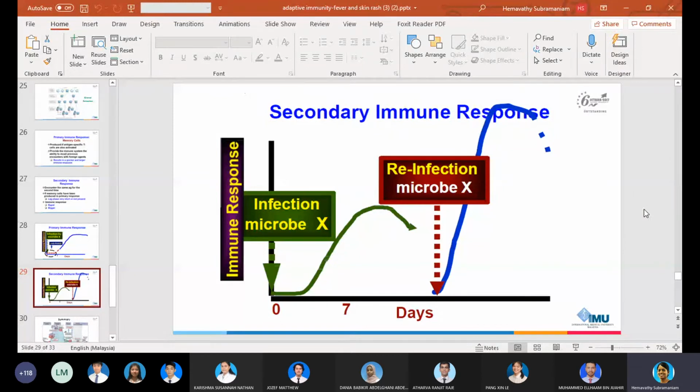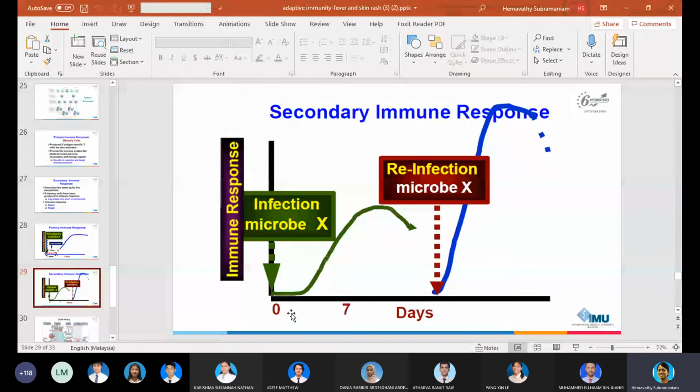So if you look at this graph here, again, immune response, and then you have your days here. Number one, for the reinfection part, there's no lag phase. Number two, if you could see the surge: for infection, the surge of response is until this level, for example.